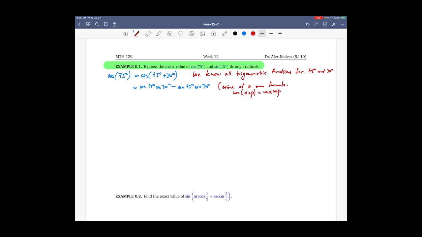Cosine of alpha plus beta equals cosine alpha cosine beta minus sine alpha sine beta.